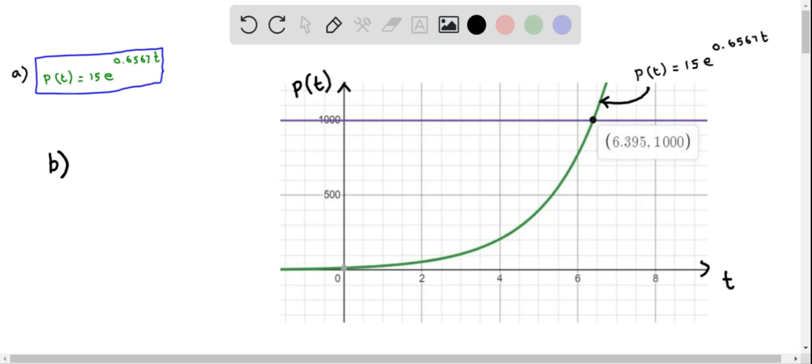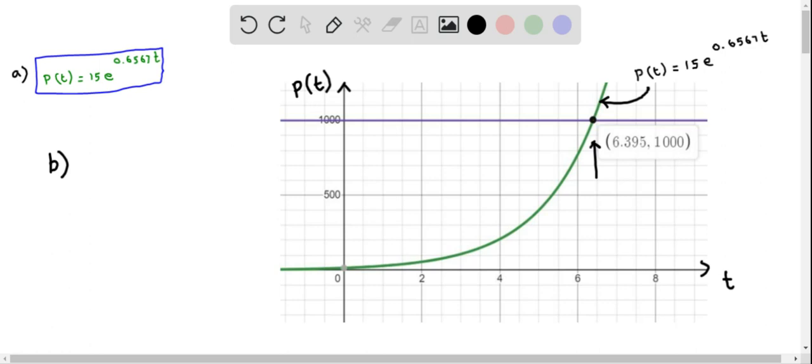This graph, which I have shown in green color, is the graph of the population P of t equals 15 e raised to the power of 0.6567t, representing the population of rabbits after t years. And so we can see from this point, that when t equals approximately 6.395, the population is 1000.